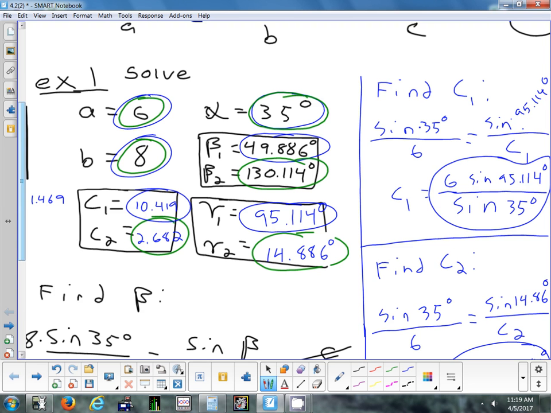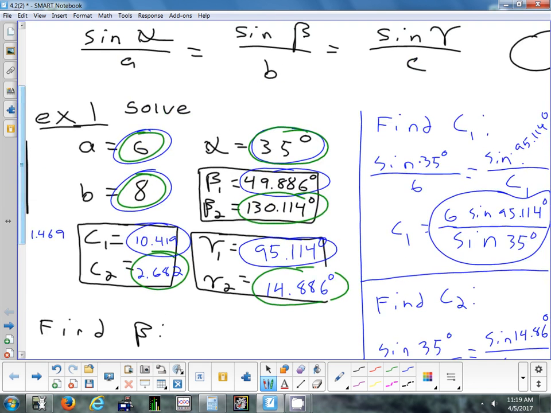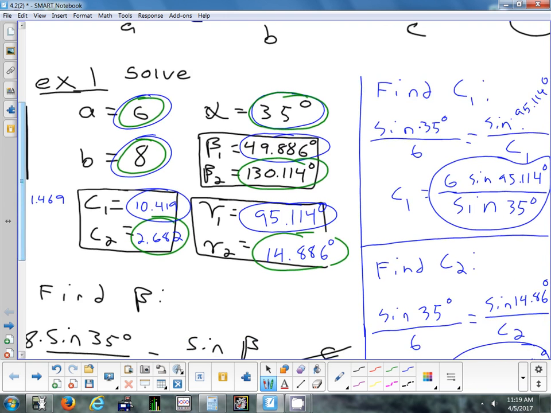And you type in the right numbers. Okay, so any question on that? Yeah. For C2, I got 2.687. That's probably just the way things were rounded. That would be fine. Because you're within 5 thousandths of the right. So that's okay. That's pretty close.